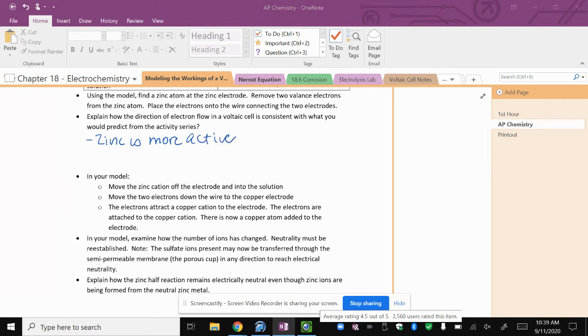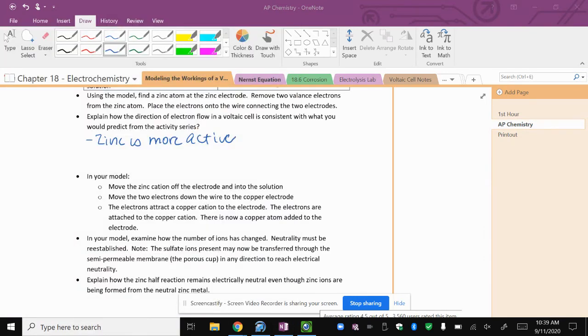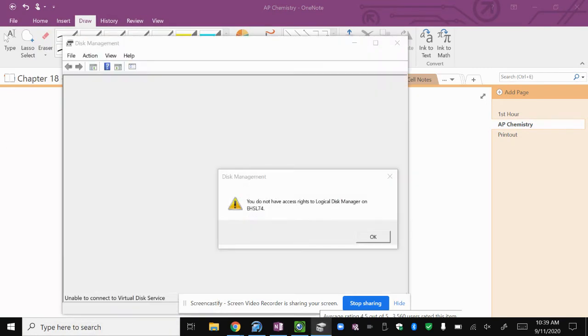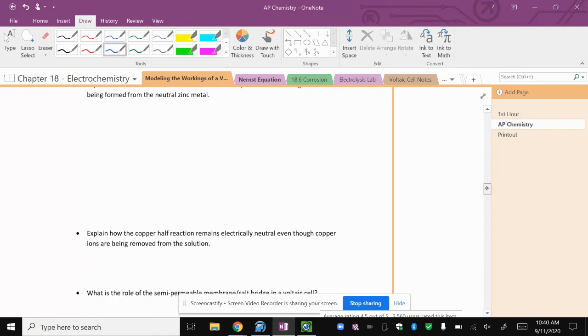And so what this means for us is that zinc is more likely to transfer electrons. All right, and then we already did this part of our model, so let's look at this question here.